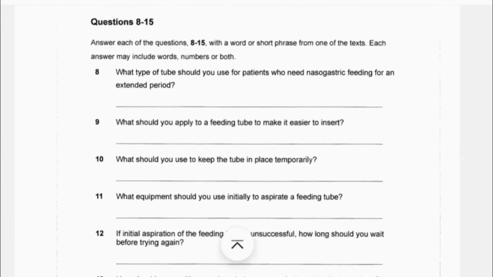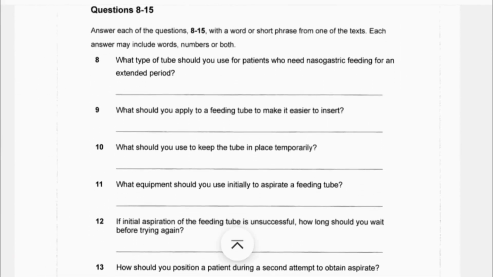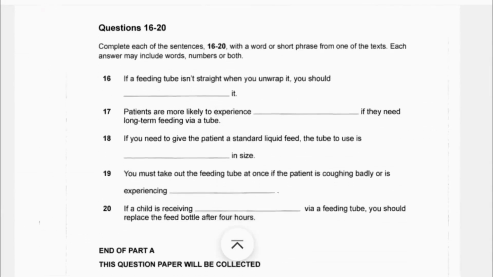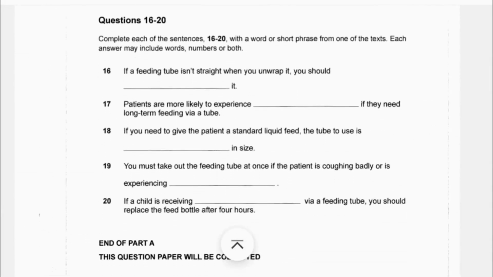Then questions 8 to 15 are simple questions in which you have to write an answer including a word, number or both. And questions 16 to 20 are similar to the previous ones.